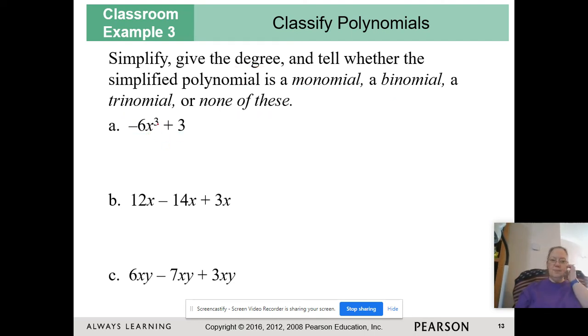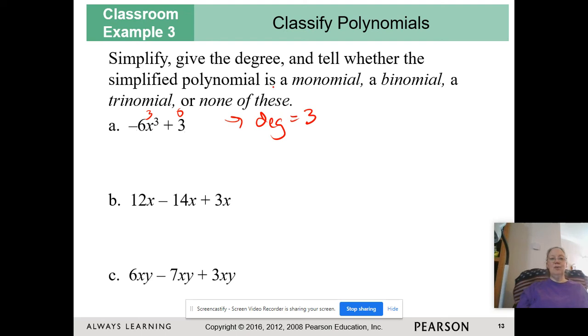This term has degree 3, and this term has degree 0. So the highest of those tells us the polynomial has degree equal to 3.